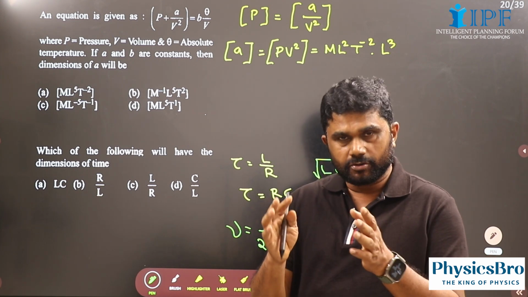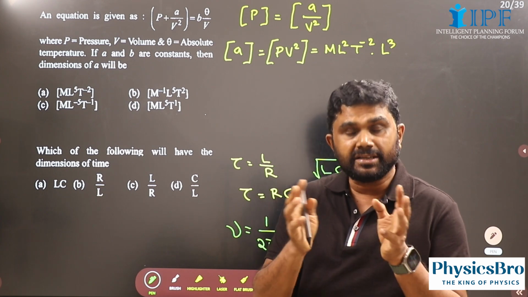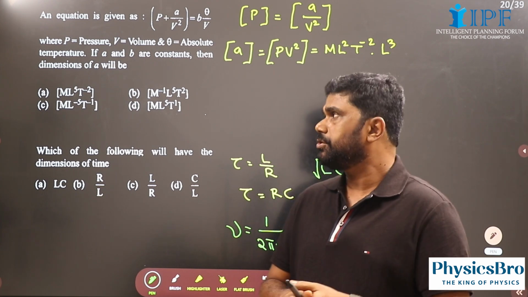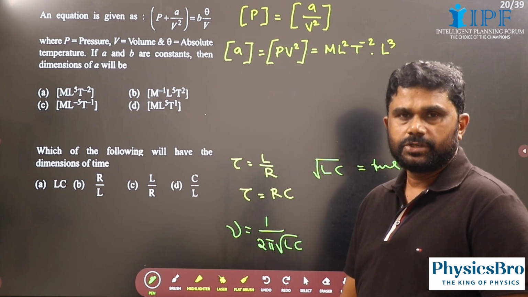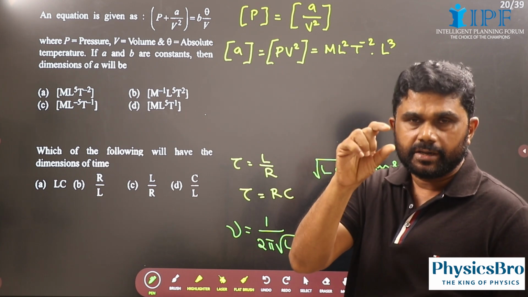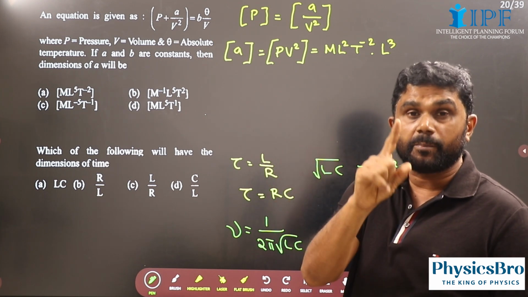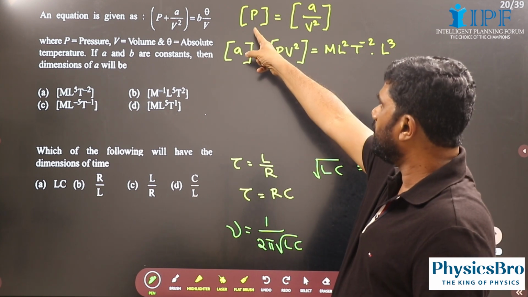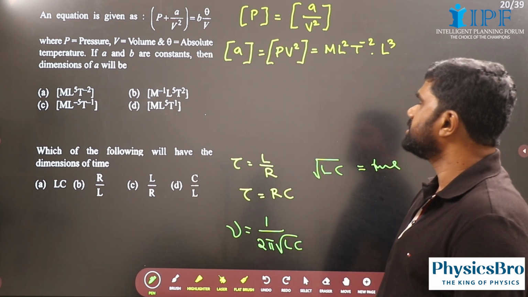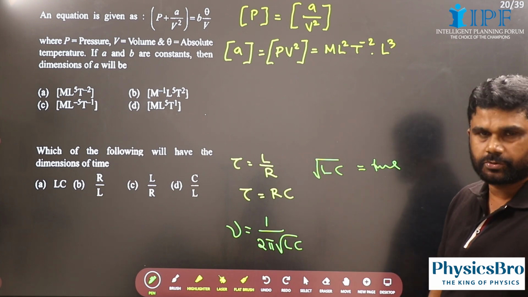Force can be added or subtracted with another force. So here see, P plus A by V square. So the quantity P and the quantity A by V square must be of the same dimensions. So the dimensional formula for P is the same as the dimensional formula for A by V square.